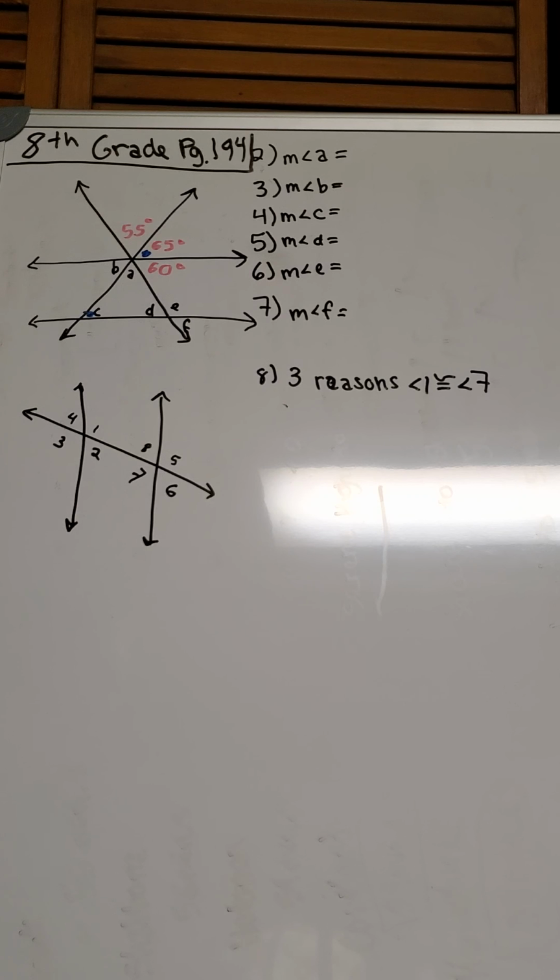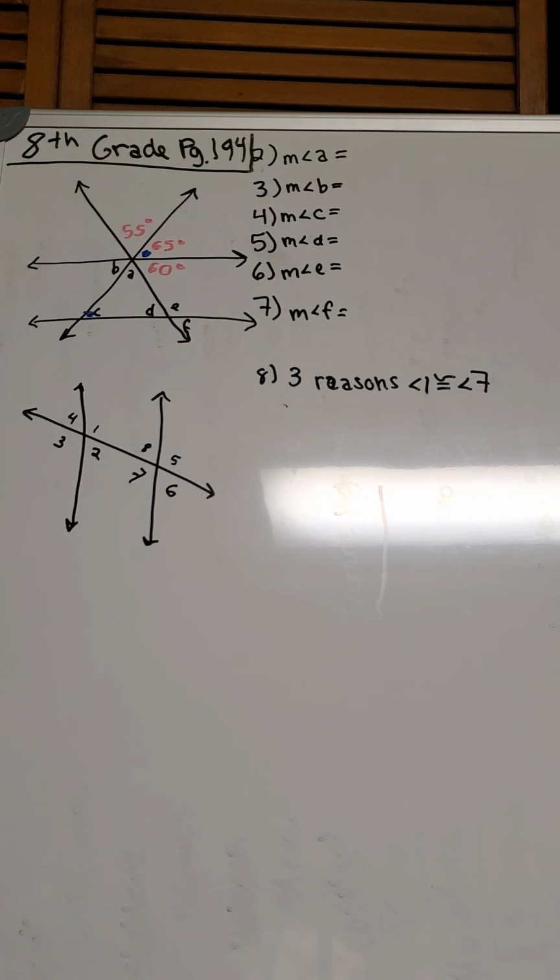Another angle relationship is alternate interior angles. Whenever you see the word alternate, they're on opposite sides of the transversal. Interior means that they are in between the two parallel lines. So I'm looking at the angles that are in between these two lines: B, A, this angle that doesn't have anything to identify it, and C are all in between these parallel lines.